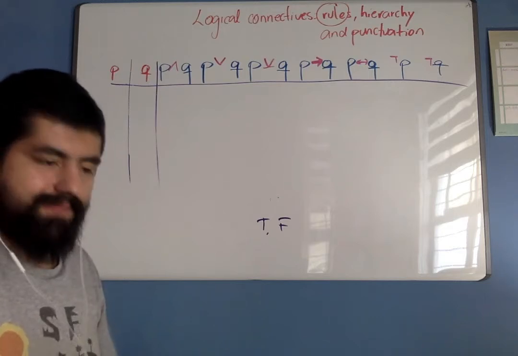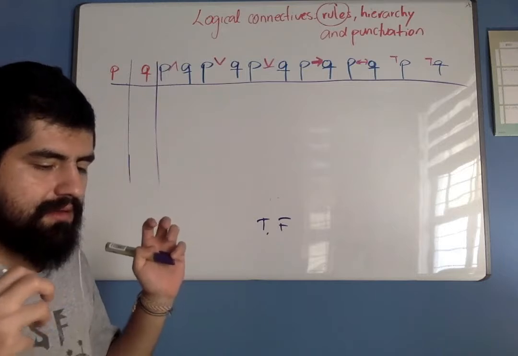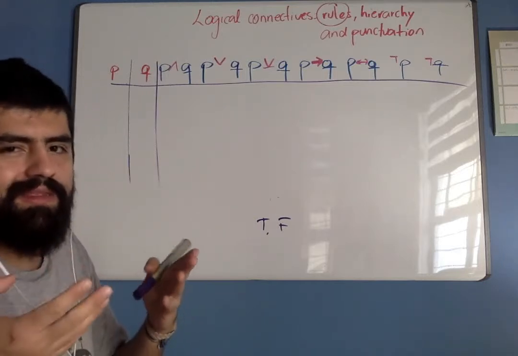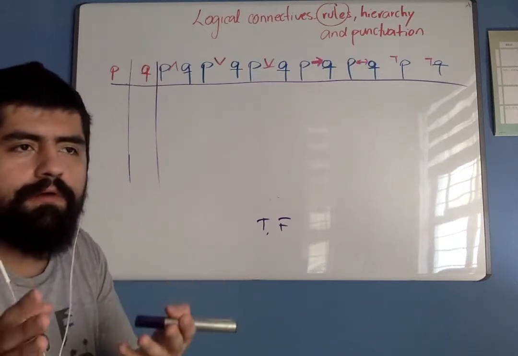So we need to suppose, previous to applying the logical connective rule, the values of P and Q. But that is easy because P can be true or false, and Q as well.